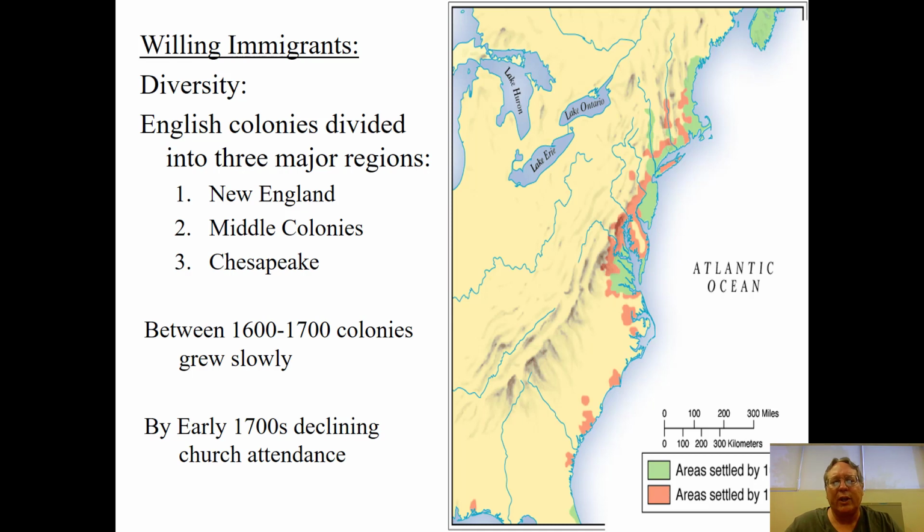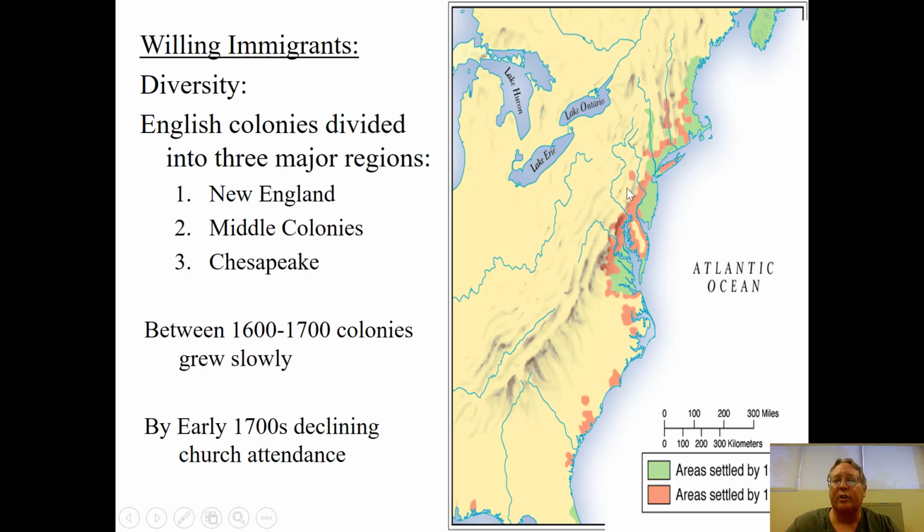And what we can also say is we see three distinct regions, if you will. Up here in the north, that's where the New England colonies are. Those are the ones started by Puritans, but now by the 1700s are really just English. Then you have this area called the middle colonies because they are in the middle. They're made up of a hodgepodge of different people. Eventually, the Dutch colony is going to be taken over by the English.